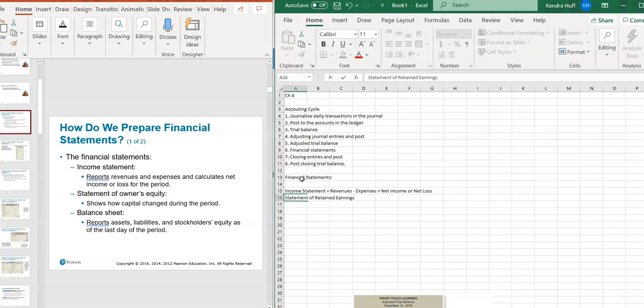You tend to hear owner's equity more when it's a sole proprietorship, and if you're dealing with corporations, it's statement of retained earnings. However, most corporations will do a statement of stockholders' equity, which shows changes to all the equity accounts, not just retained earnings. But this shows changes to retained earnings during the year.